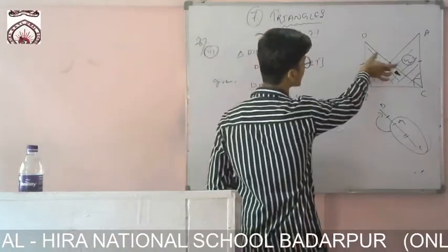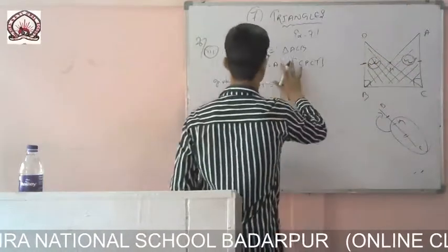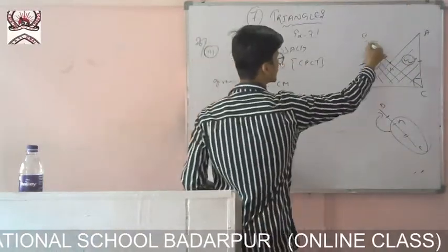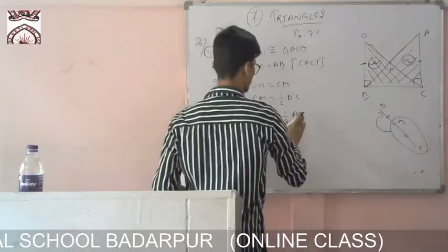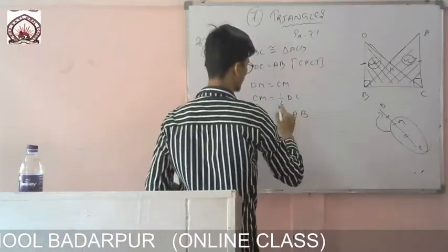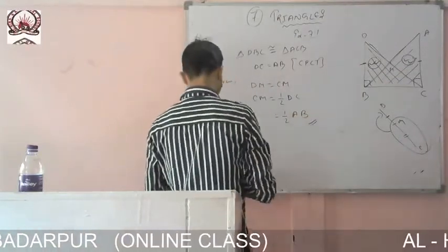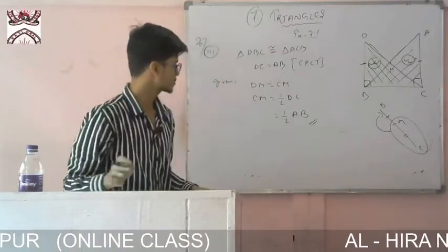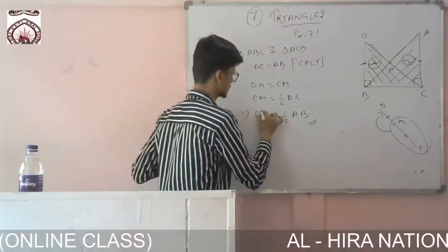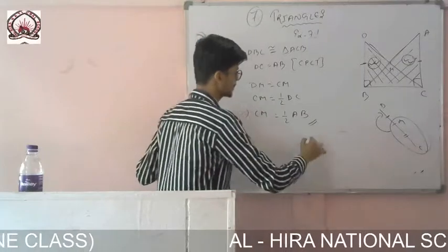Not AC, sorry, DC is equal to AB, no? So it will be equal to AB. So now it is proved. As per the question, I can write CM is equal to half AB, proved.